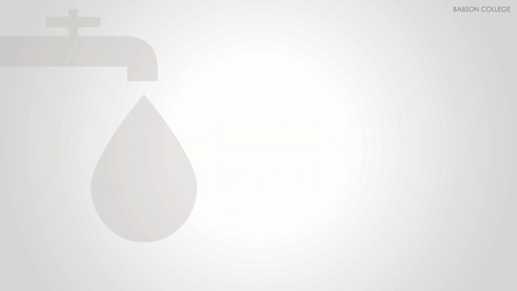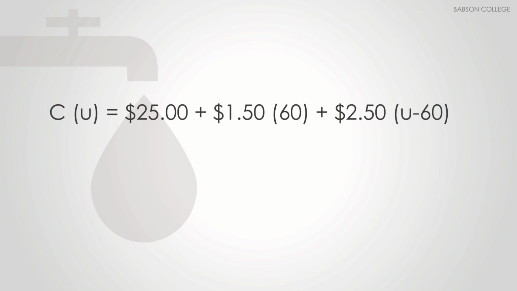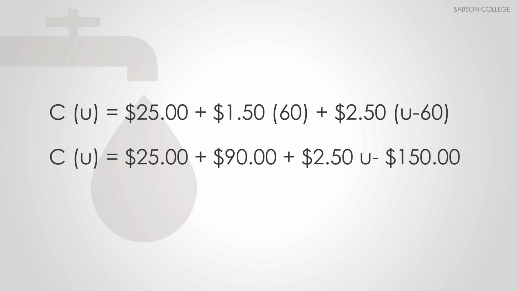Now let's see if we can create an equation for those users that use more than 60 units of water. We start with the following. We know that the middle term has to be 60 if the water used is greater than 60 units. So that works out to be the following. This can be simplified to the total cost of units used as $2.50 times U minus $35.